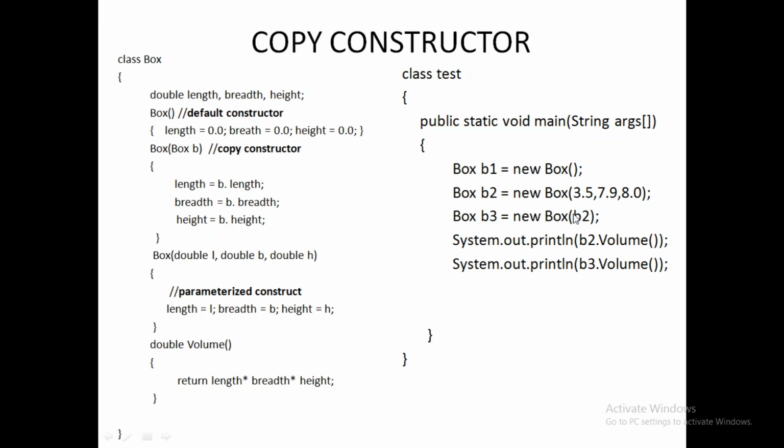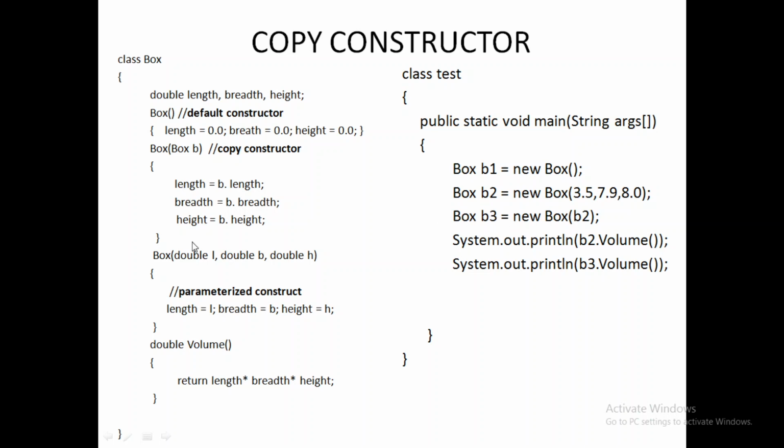This one matches the call because this constructor call does not match with this one, as it does not accept any parameter, nor this one, as it is accepting parameters but of a different data type. But this one matches because it is accepting a parameter of type Box, and here we are passing also the same b2.